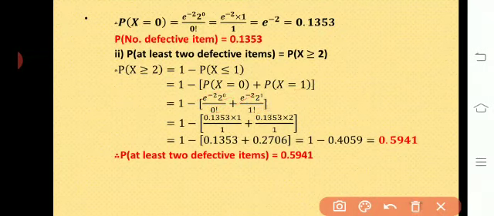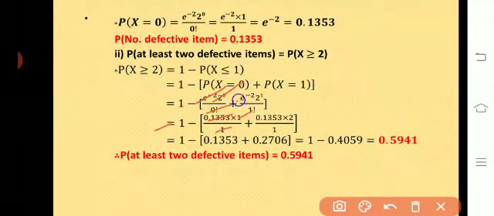Simplify this. You will get 1 minus, e raised to minus 2 is 0.1353 from the Poisson distribution table, into 2 raised to 1 is 1 and 0 factorial is 1, plus e raised to minus 2 is 0.1353 into 2 raised to 1 is 2 divided by 1 factorial is 1.